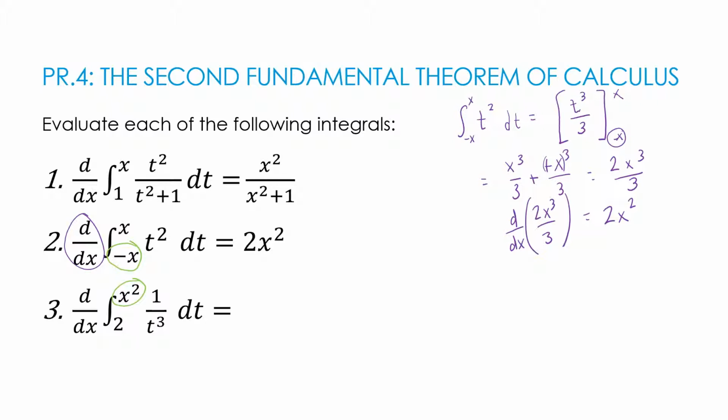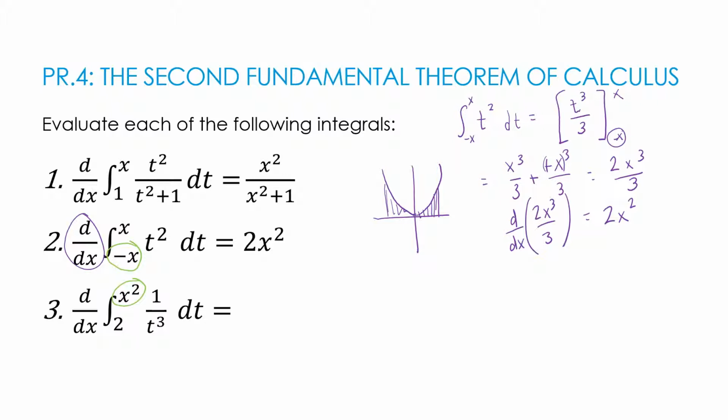If I'm going from negative x to x, then essentially I'm looking at a function that looks like this. And so again, from 0 to x would be x squared, and then this other half would be x squared, so 2x squared.